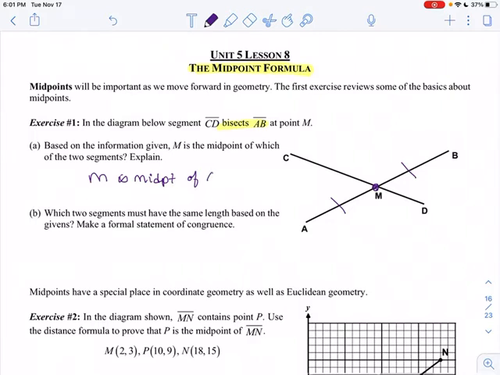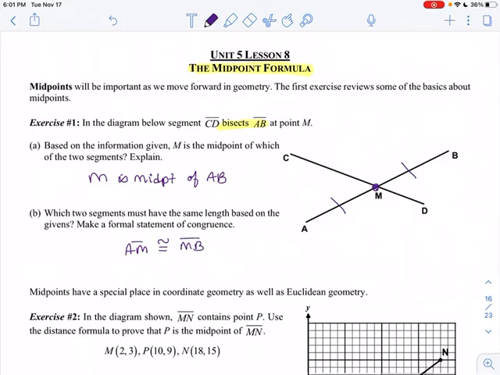Why? Because AB is being bisected by CD. So what would be the congruent statement that you could write is that if M is the midpoint, then the segment on the left, AM, is congruent to the segment on the right, MB.